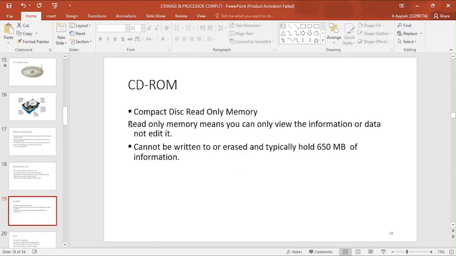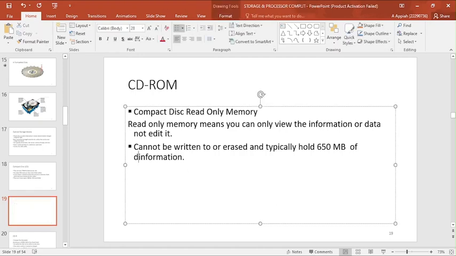So the information here says read-only memory means you can only view the information or the data, but you cannot edit it. You cannot change what is stored there. It cannot be written to or erased, and typically holds 650 megabytes of data or information.